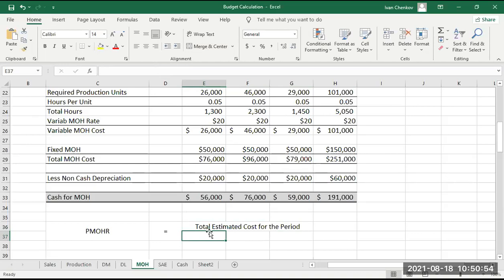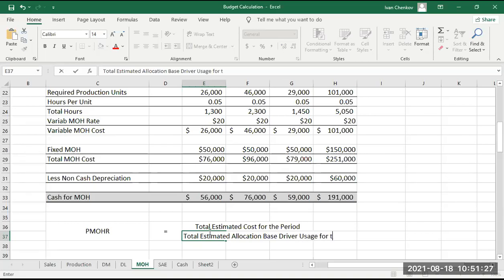And then we're going to get the total estimated allocation base driver usage for the period.